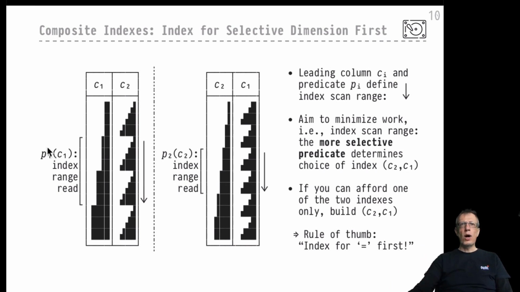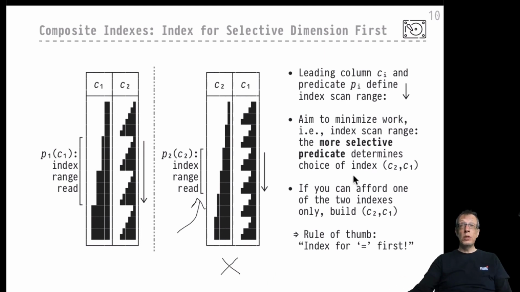So I would rather opt for the version of the index scan that walks the narrower index scan range, and that would be this in this particular case. Smaller index scan range, if compared to this index scan range, this would be the index of choice for this particular choice of parameters or index scan width.